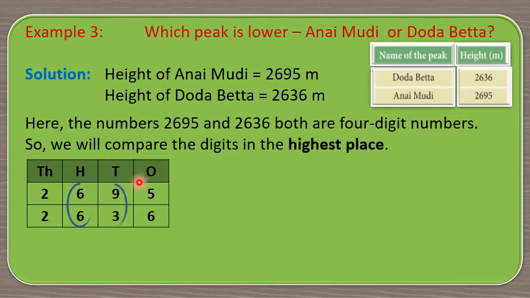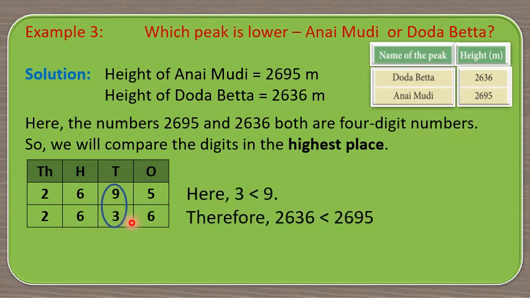So when we come to tens place here, the digits are 9 and 3. This time they are not same. So when we look at these two, we know that the digit 3 comes towards left of 9 on the number line and 3 is less than 9.